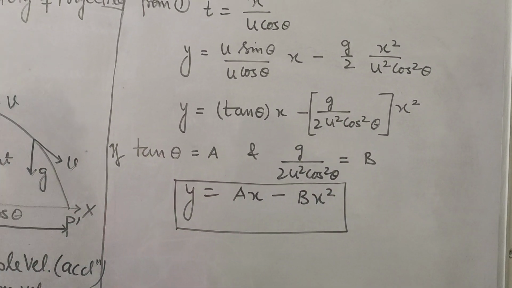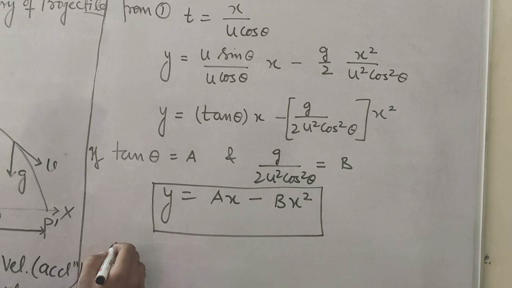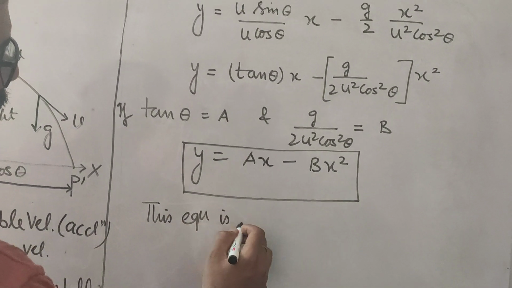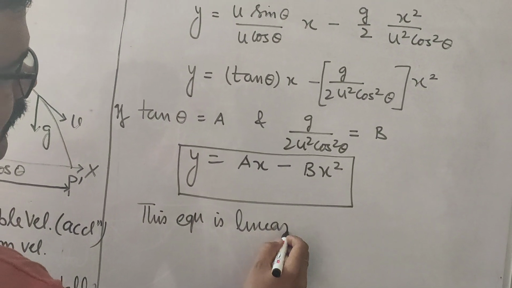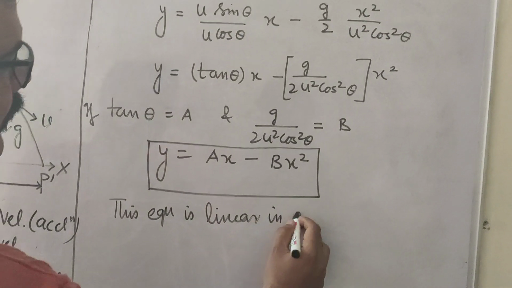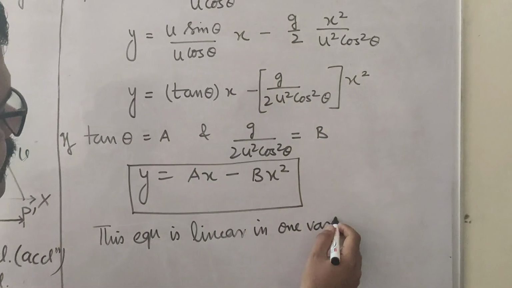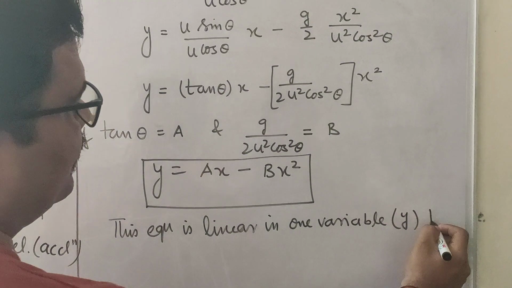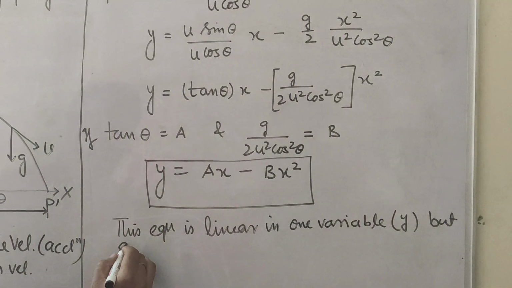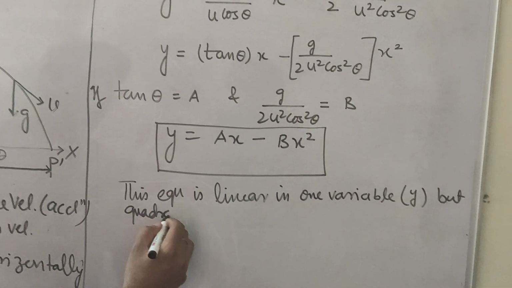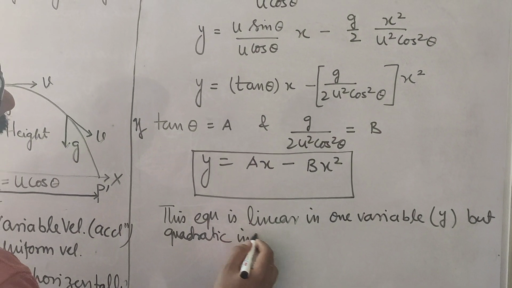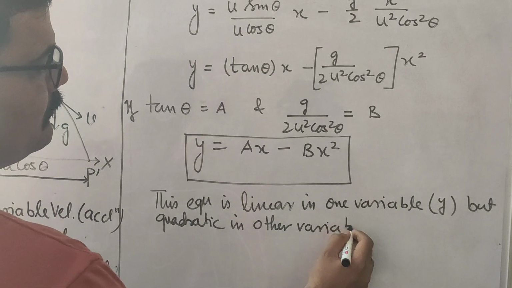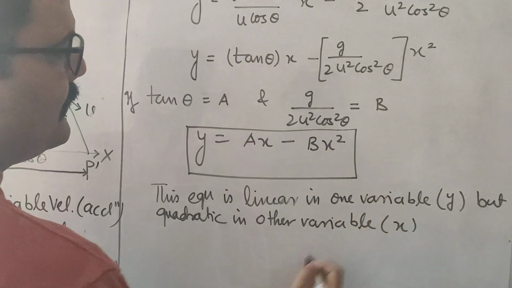Now see this equation. This equation is linear in one variable, that is y, but quadratic in the other variable, that is x.